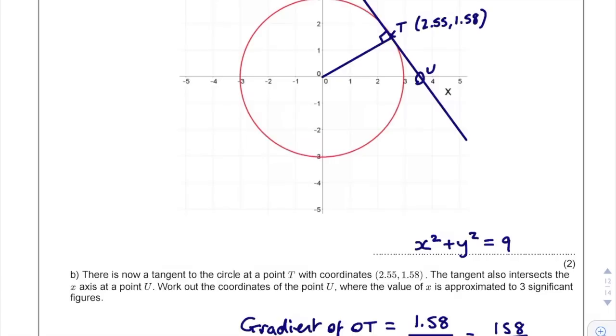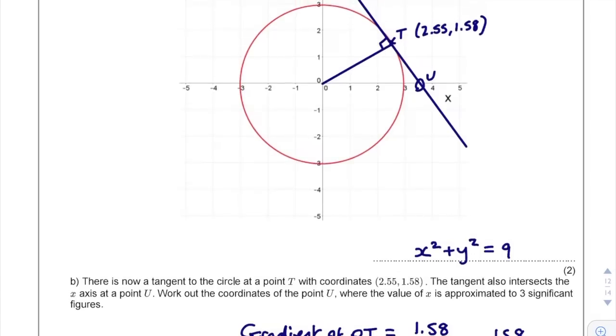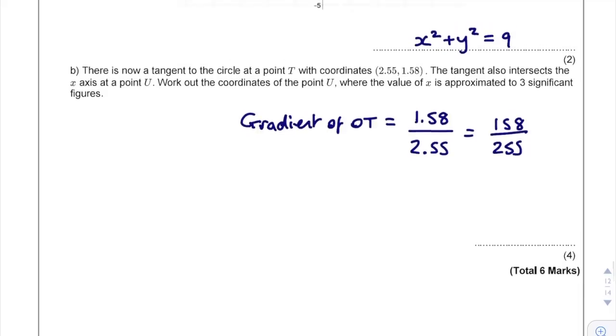You should also know from equations of lines that if two lines are perpendicular, their gradients are the negative reciprocal of each other. So the gradient of the tangent is the negative reciprocal of that. So it's going to be minus 255 over 158.